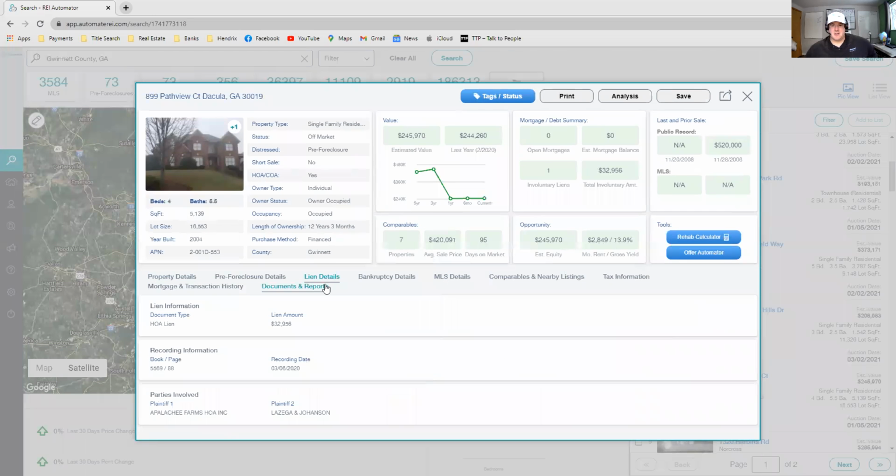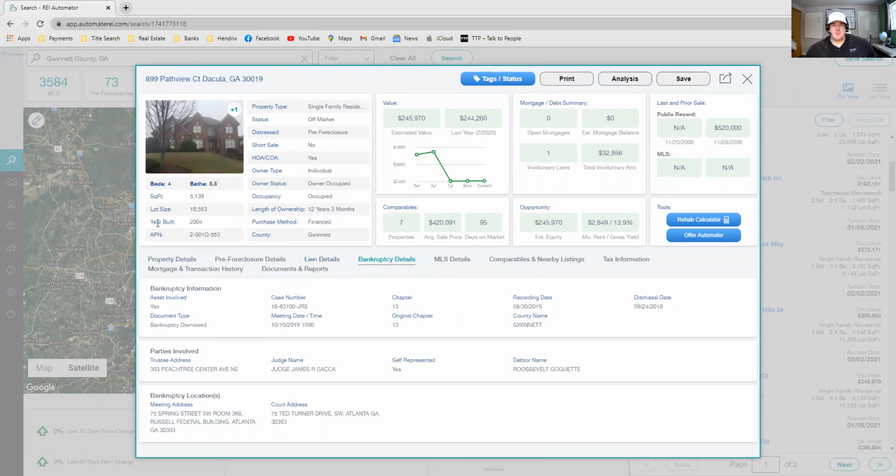It's going to show you the lien information. It looks like they have an HOA lien for $33,000. Wow, ouch. It was built in 2004.